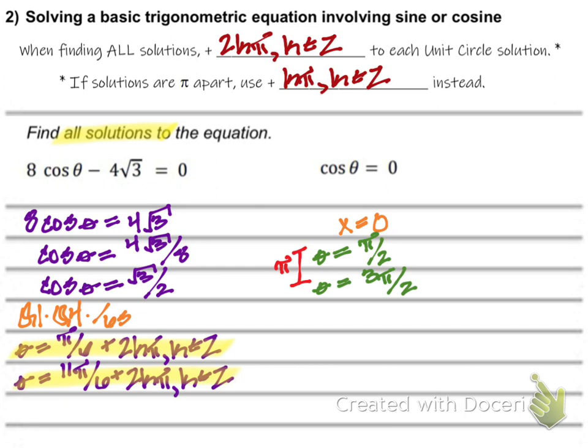If I subtract them, I get 2 pi over 2, which is pi. So since they are pi apart, I only need the first one, and I add k pi, where k is in z. Because as soon as k is 1, I'm picking up the 3 pi over 2, right? So this just has one answer, and it's that one.